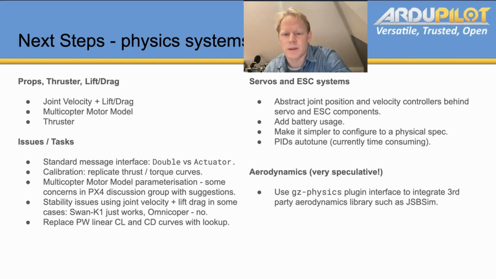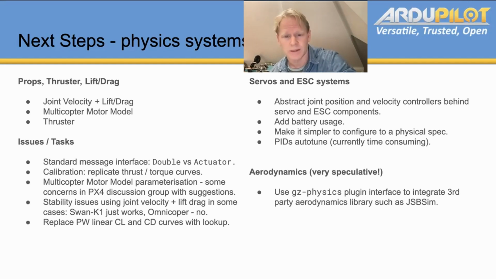Something else that would be quite useful is being able to abstract the joint position and velocity controllers behind servo and speed controller components. That would wrap up all the PID tuning, make it easier to configure to a physical spec, and add battery usage and that type of thing. So really you have a model, you attach servos and speed controllers to it as you would expect, and you just plumb the pulse width modulation commands forwarded from ArduPilot straight through into those, and you try and make it easy to set up.